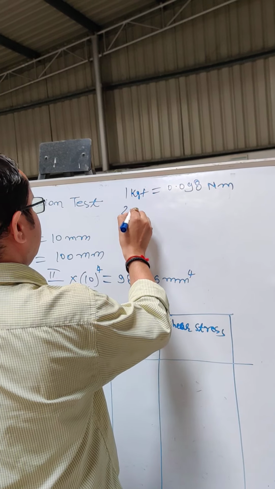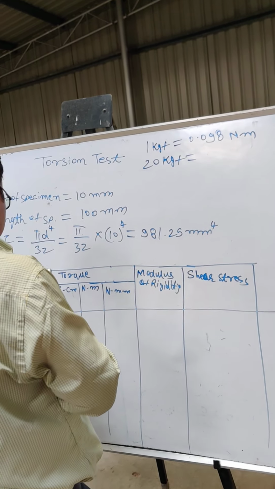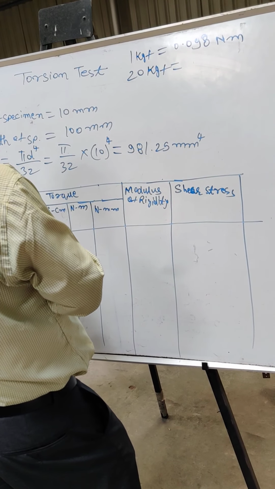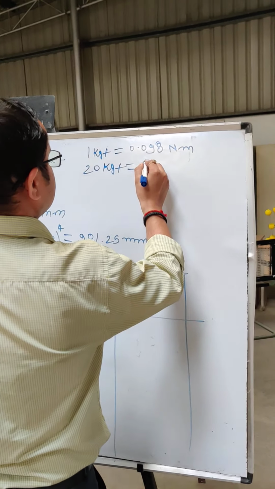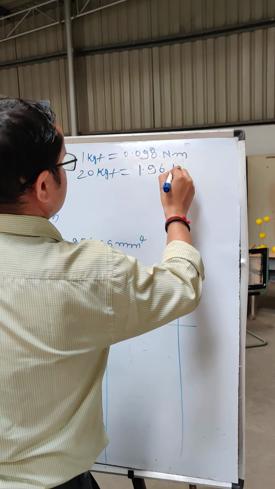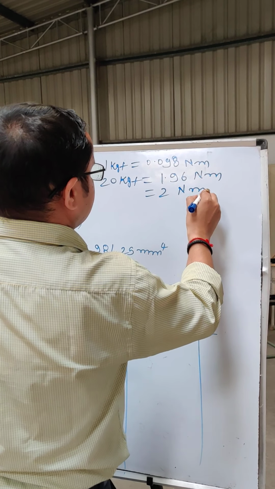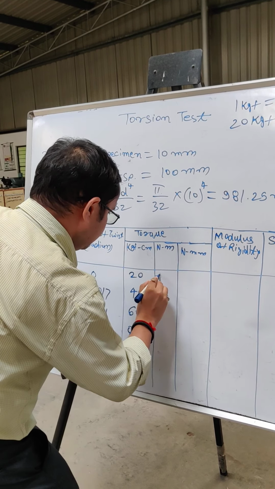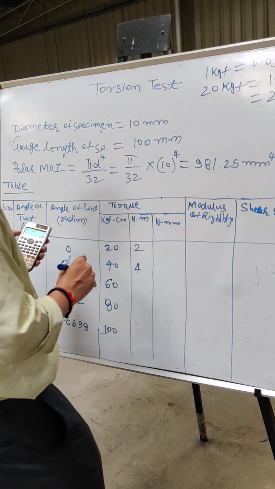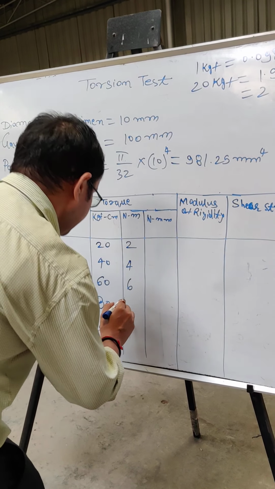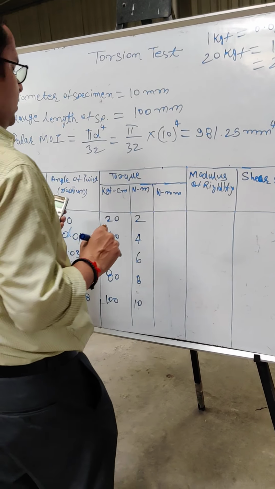So 20 kgf is equal to 1.96 Newton meter, or you can tell directly 2 Newton meter. So here I am writing 2 Newton meter approximately, here 4 Newton meter, here 6 Newton meter, here 8 Newton meter, here 10 Newton meter, and then Newton mm.